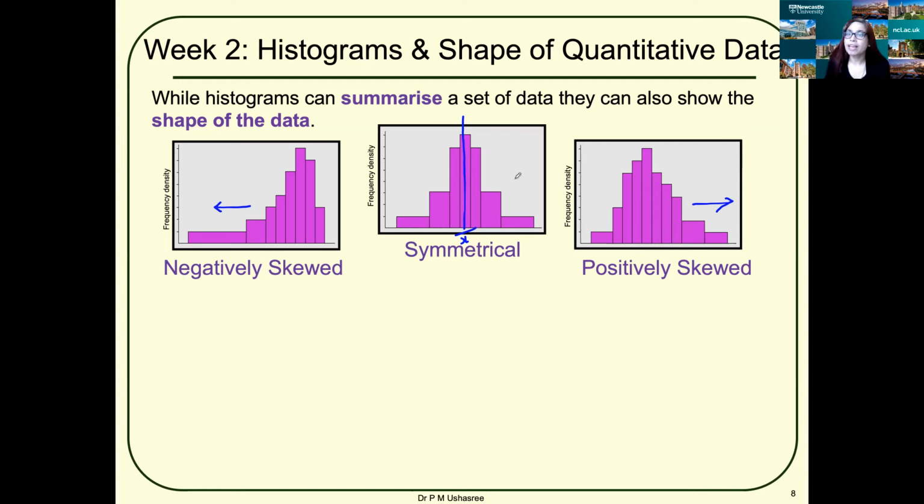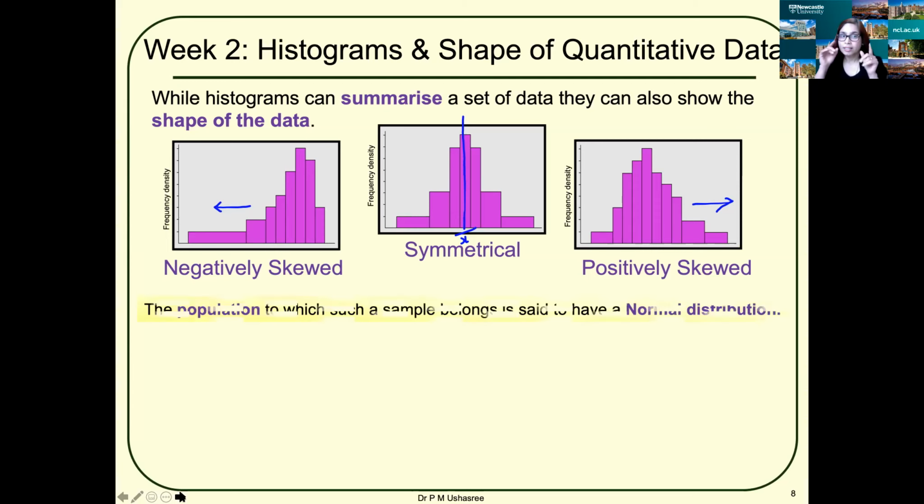Now if we have n number of samples or a large number of samples, we are talking about a population. When the sample size is really large, we're talking about a population. So we're going to make a transition from sample to population. The population to which such a sample belongs is said to have a normal distribution.